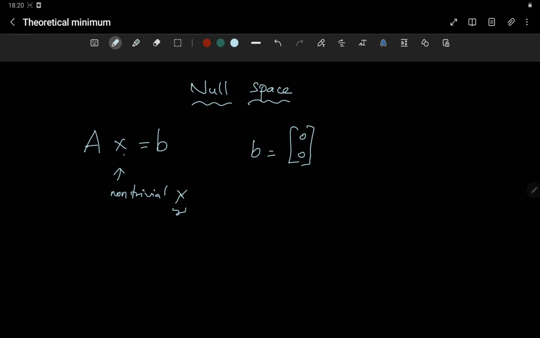Which means it is a set of all vectors which will give a solution 0 for this A matrix. So that's what the null space is.